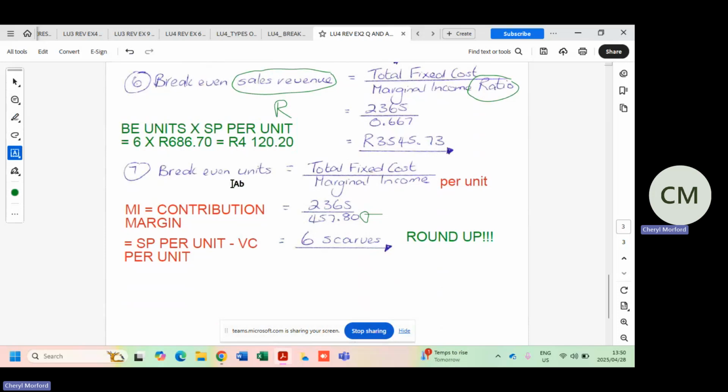Okay. So long as you get something which is quite close, like this, you will get the correct number of marks. No need to go and work out the contribution margin ratio if you've already got your break-even units. Okay. I just wanted to throw in as many possibilities here as possible in the one question.